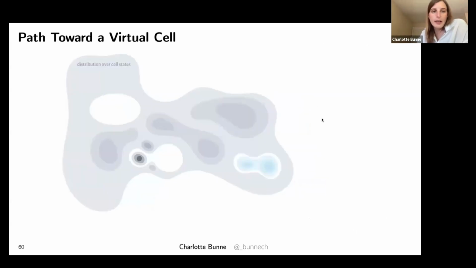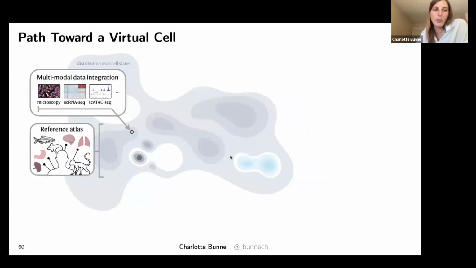And this enables us to do a lot of different things. On the one hand, in this universal cell representation I can potentially integrate lots of different data, both microscopy, RNA-seq, and ATAC-seq, all data that so far have been very hard to combine and compare, even though they study the same biological mechanism or cellular processes. It also allows me to map in data from different tissues and different species.